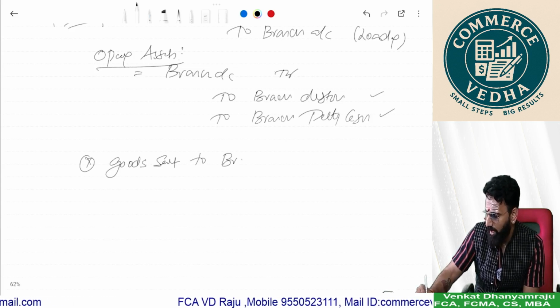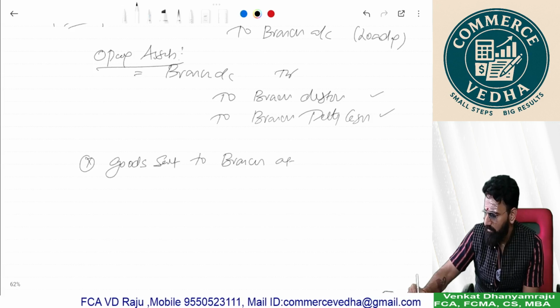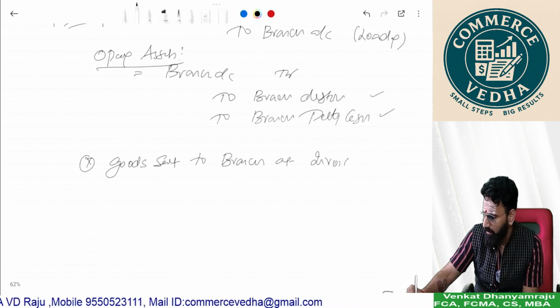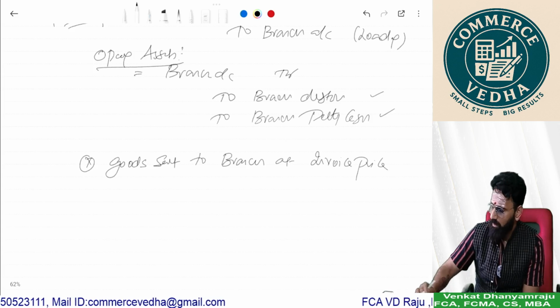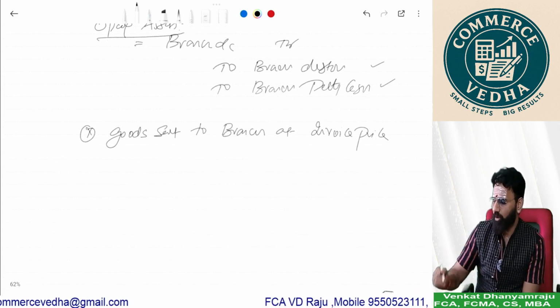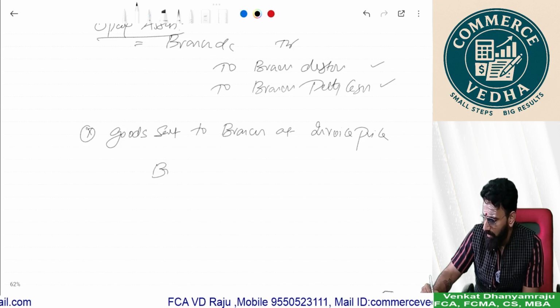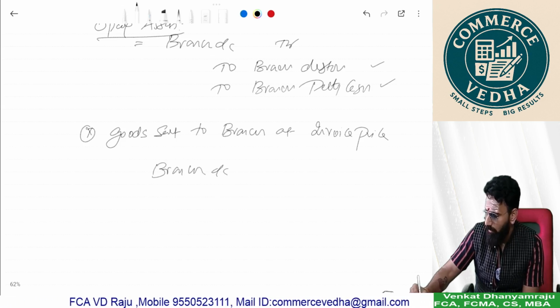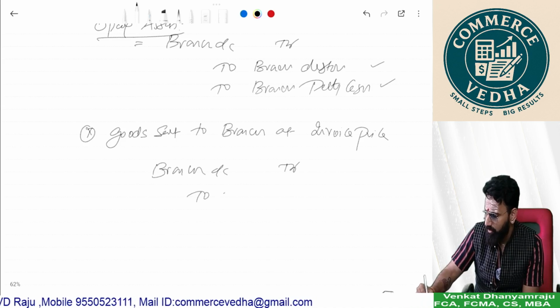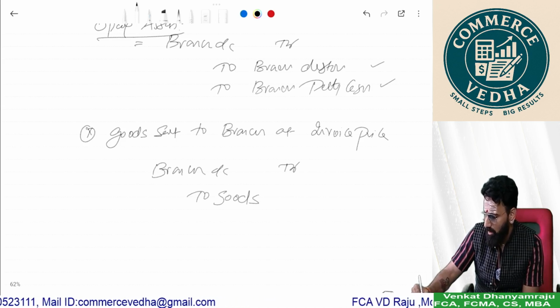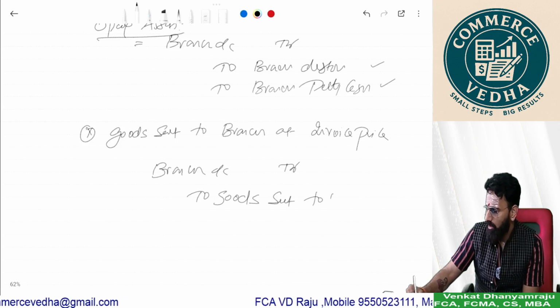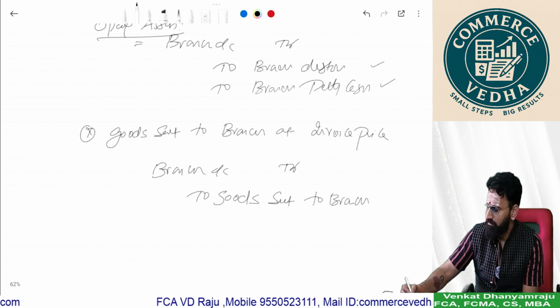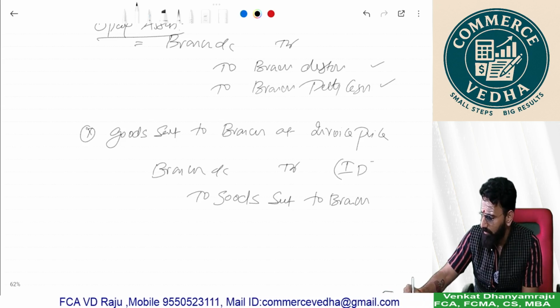Now the other transactions. The next important transaction is goods sent to branch at invoice price. When goods are sent to branch at invoice price, we should write branch account debit to goods sent to branch. This is at invoice price.